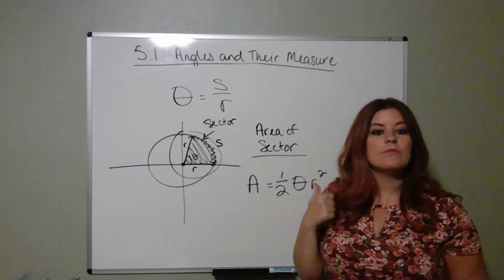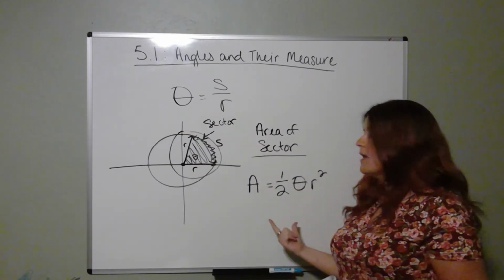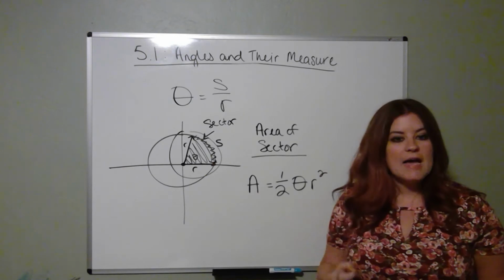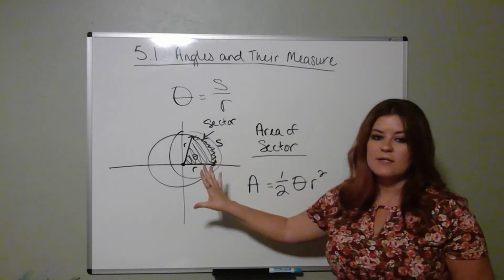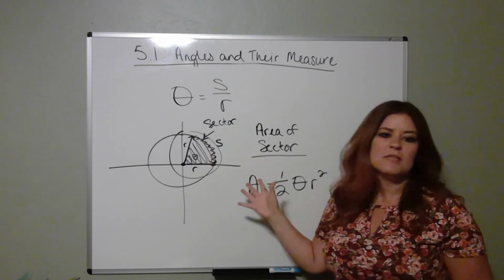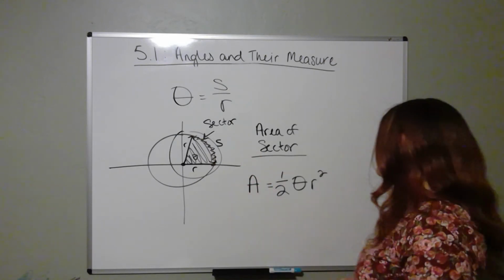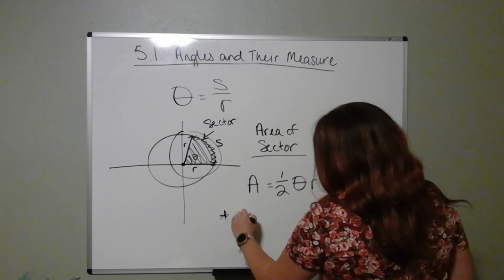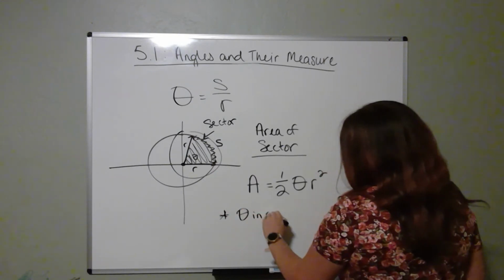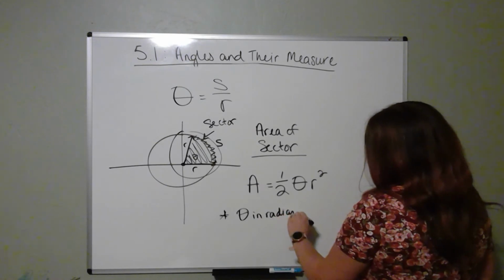So anytime you're looking for arc length or area of a sector, theta has to be in radians. That's the theta that this all works with. Theta in degrees has nothing to do with this. As long as theta is in radians, this should be a piece of cake. And then we're going to do an example.